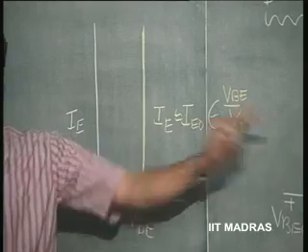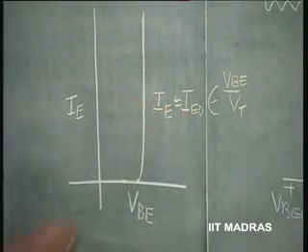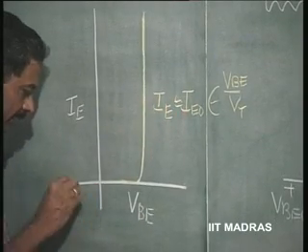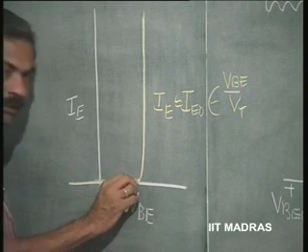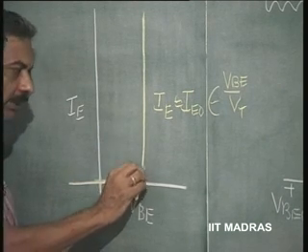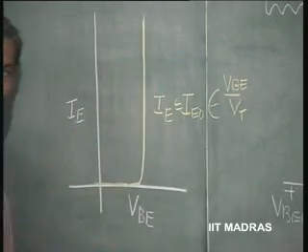Actually, that minus 1 has been ignored. So, this is the characteristic. You can see that it is following a characteristic like this. Up to this, the current is essentially going to be almost 0, and thereafter current increases enormously. This is what is interpreted by this equation.